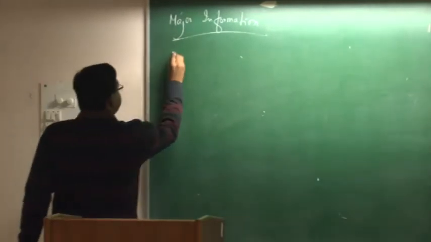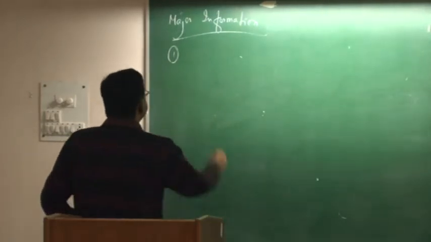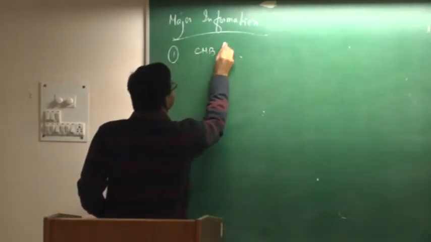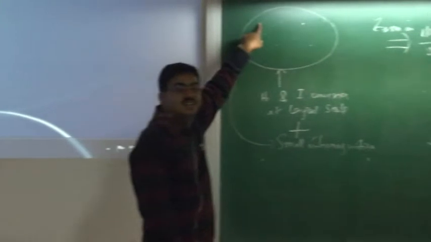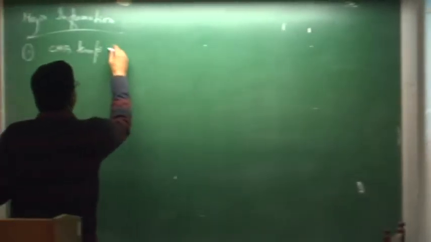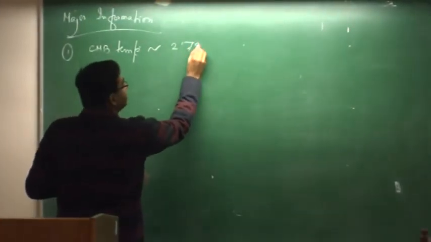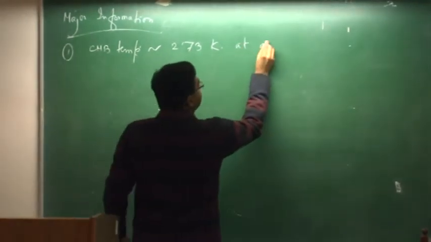First and foremost information, as has been discussed time and again, I am sure, is the CMB temperature. If you look back in time and you try to measure the temperature of this background homogeneous and isotropic universe, then you can see that in the last scattering surface, the CMB temperature is around 2.73 Kelvin in all directions.